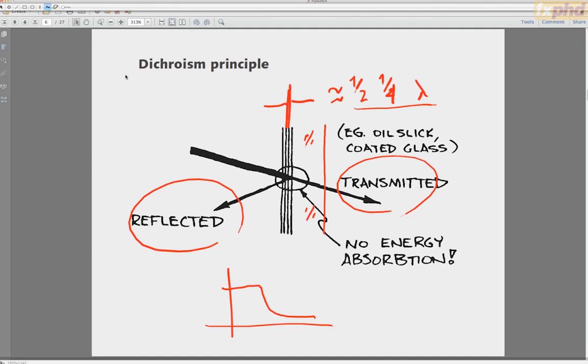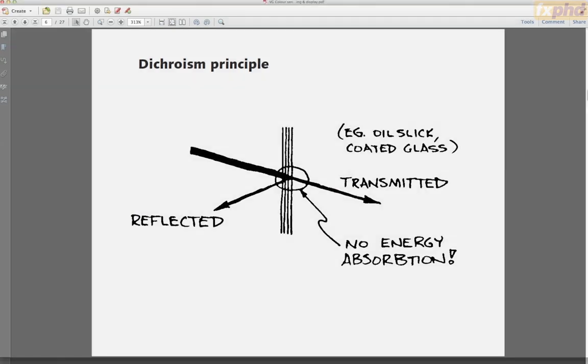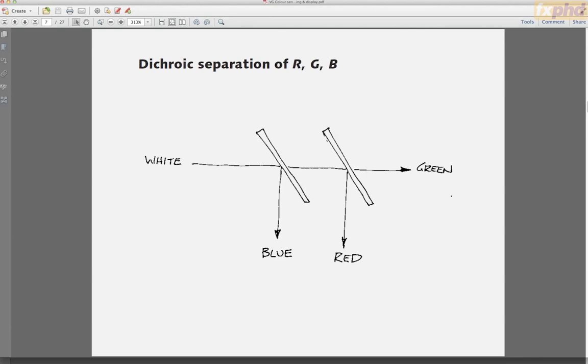It absorbs nothing. This is called a dichroic filter, and this is used both in cameras and projectors. And one way to use dichroic filters in an RGB system is just have two of them. So take light potentially of all wavelengths, separate out the short waves, call it blue, then separate out the long waves, call it red, whatever's left over is green.